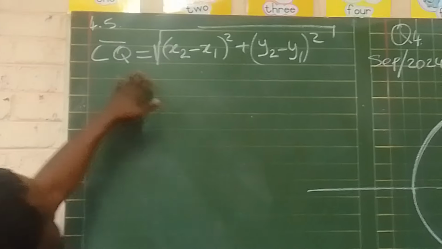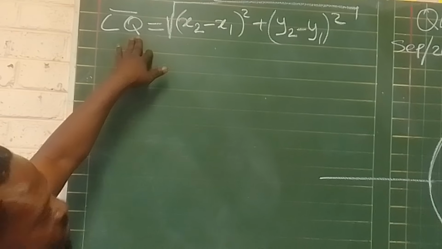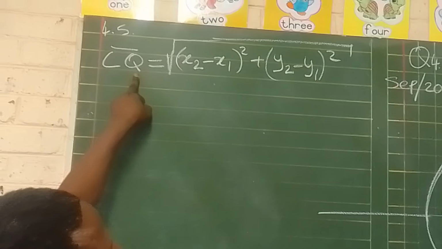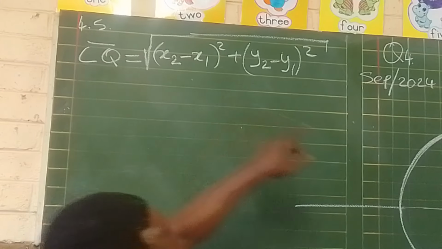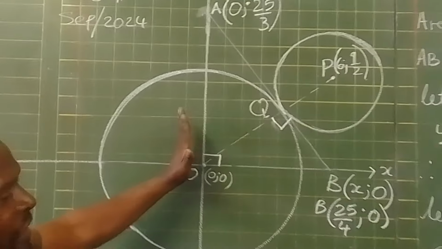But you cannot work before knowing what is C, because C is given by the reflection of Q. When you reflect Q in the y-axis, you simply do this, grade 12.